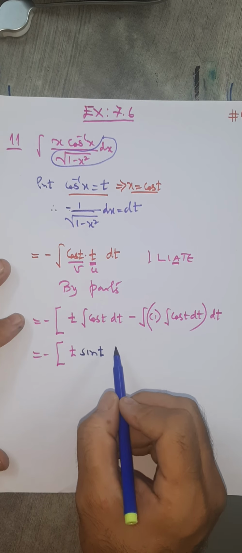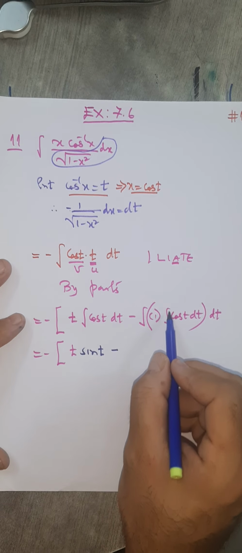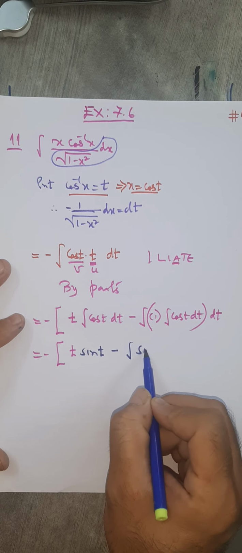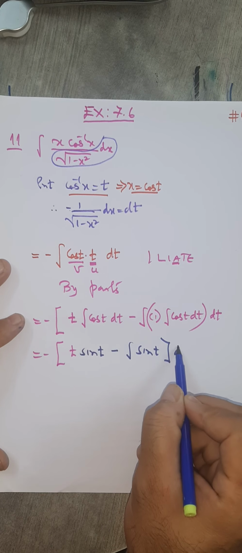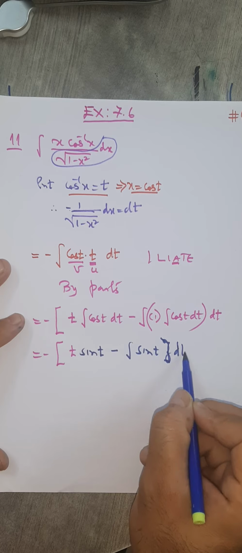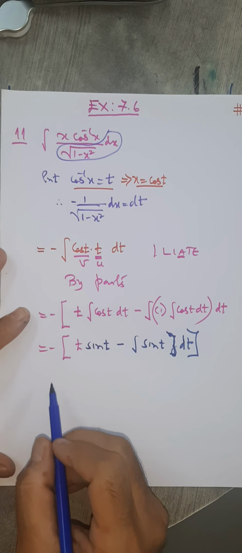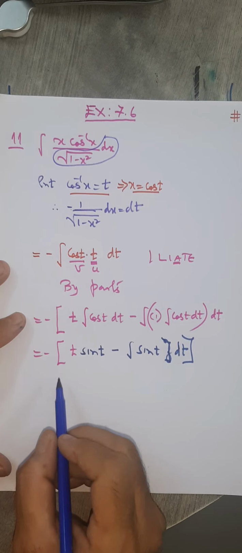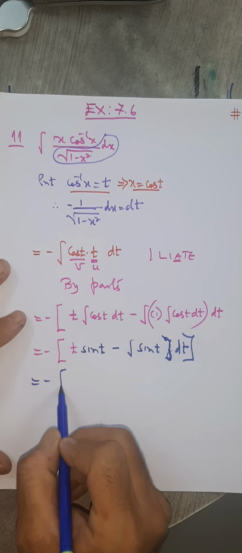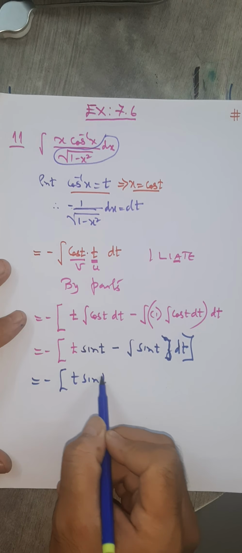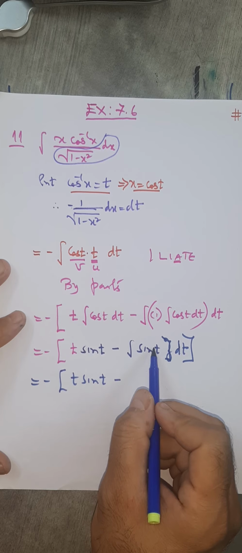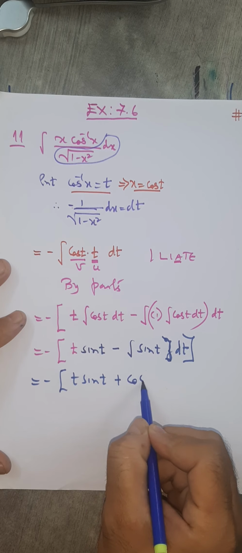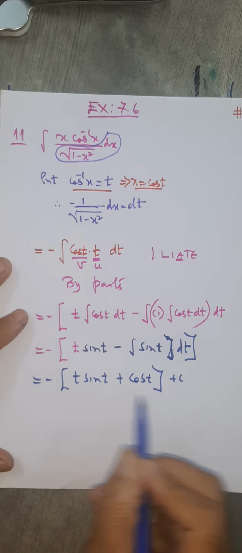So this is sin t minus, inside the integral, sin t dt. Okay, now further minus t sin t. What is the integral of sine? Now it is minus cos, so this becomes cos t, and finally plus c.